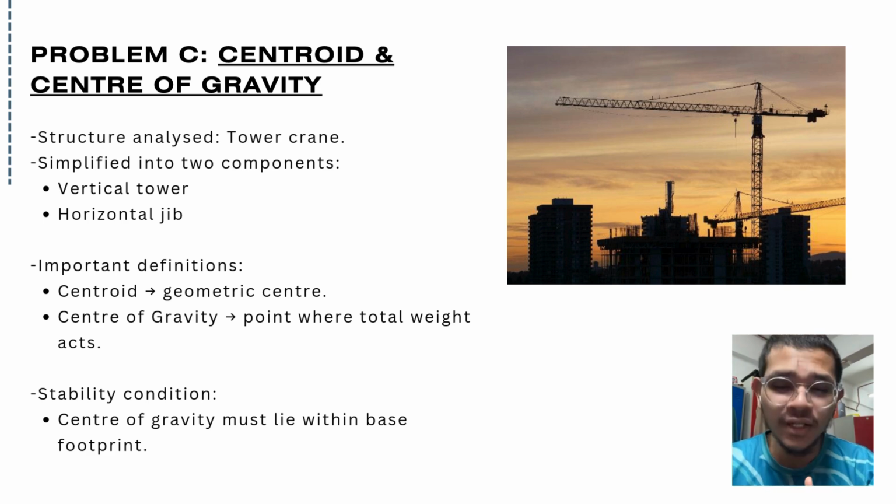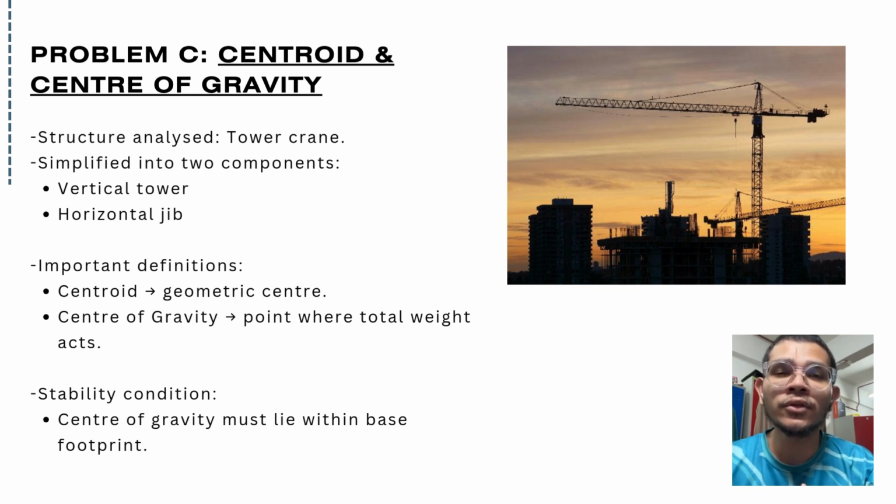So today I will briefly cover the topic of centroid and center of gravity. My case study for this topic is a tower crane that consists of two components, the vertical tower for stability and the horizontal jib for lifting material. We have two key definitions that we need to understand.